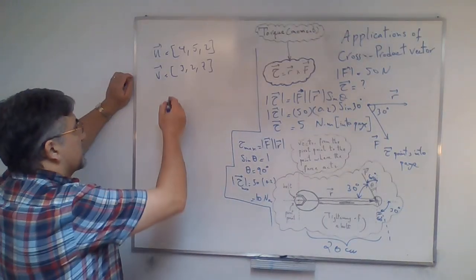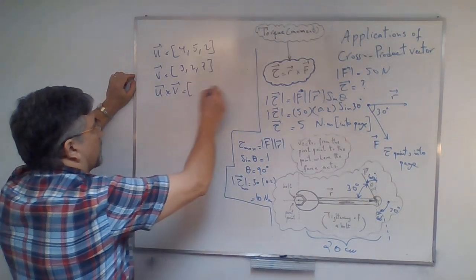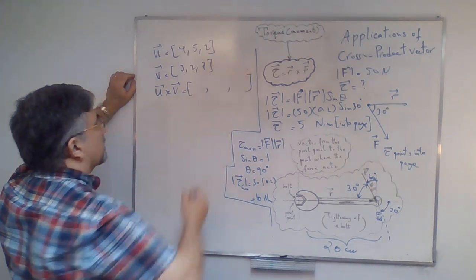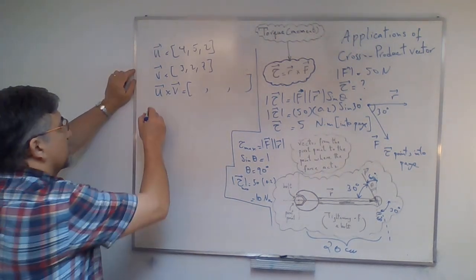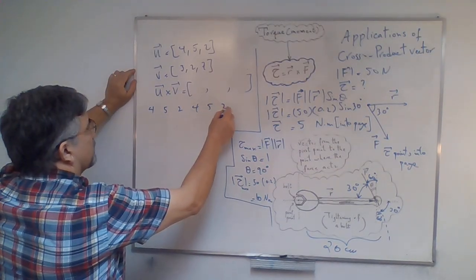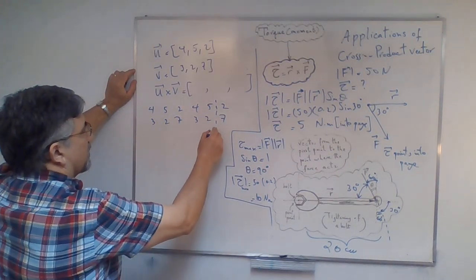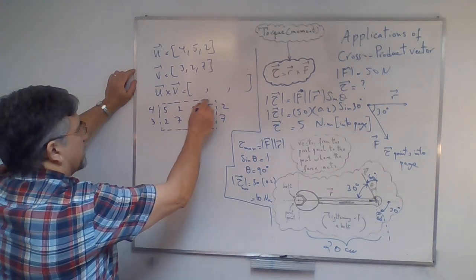We can say u cross v is equal to, so first of all we can find the cross product of them. So 4, 5, 2, 4, 5, 2, or any method you want you can use to find the cross product.